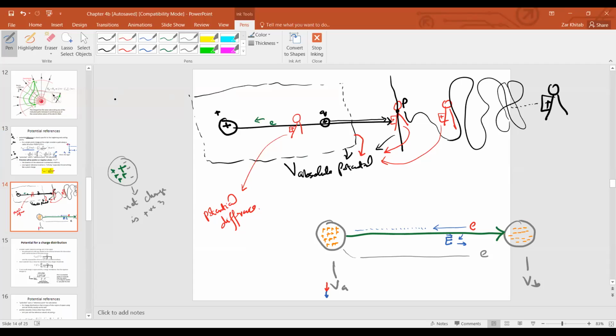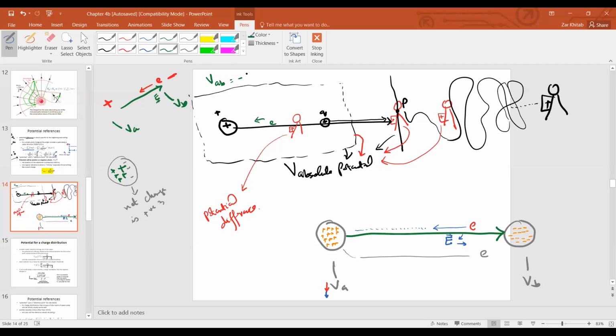But when you have a situation where you have positive charge, you have negative charge, and say an electron is moving in between, then in that situation you always talk about the potential difference. Okay, and how does this potential difference come?